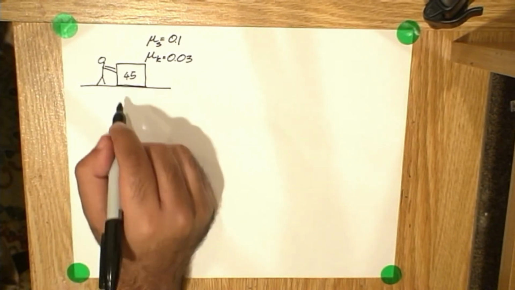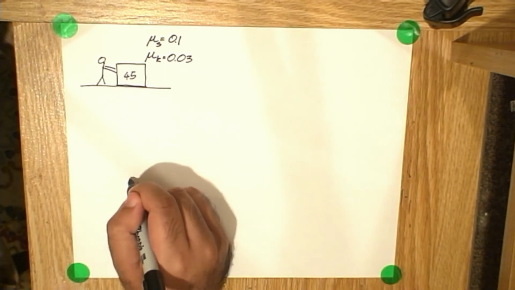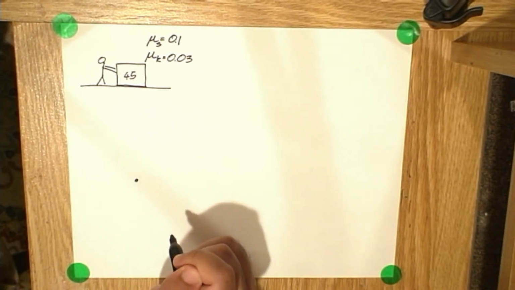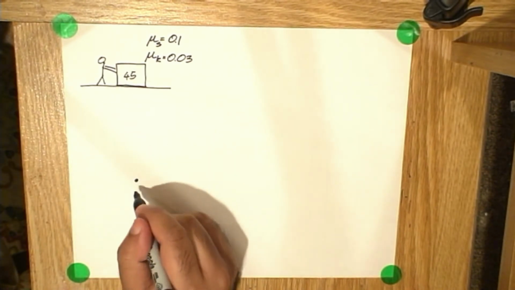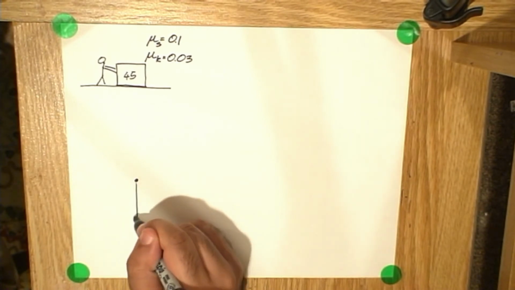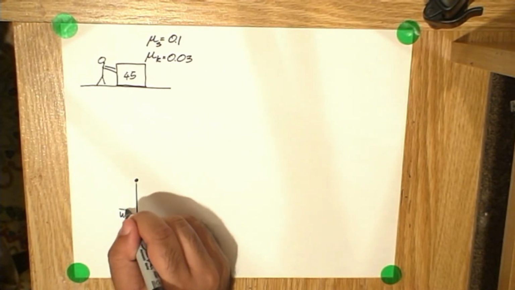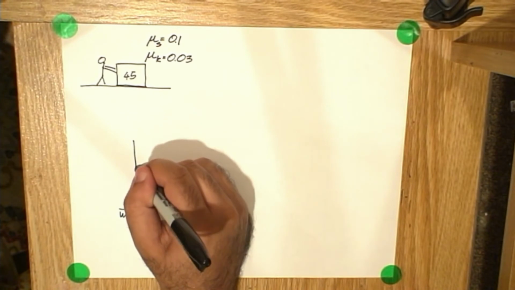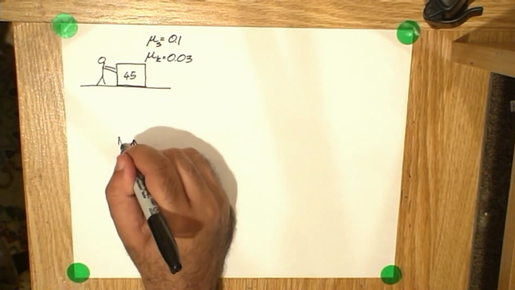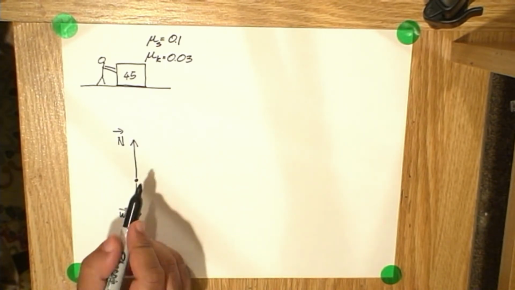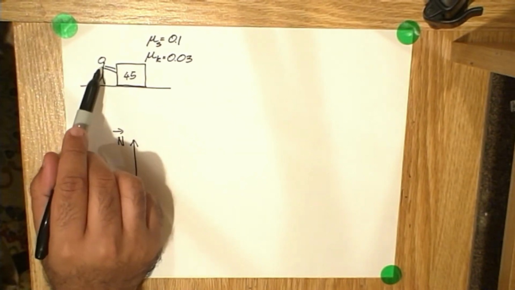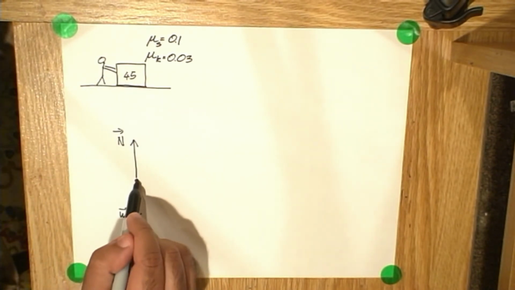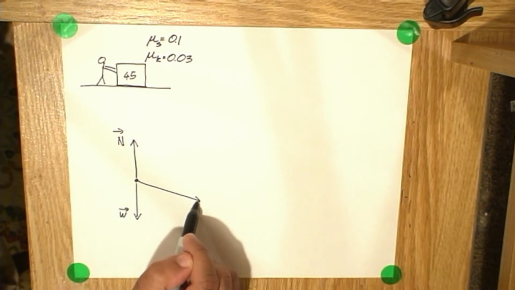So, let's start by drawing a free body diagram. There's the object, there's the ice block, it has weight pointed downwards, normal force pointed upwards. The force applied is down and to the right, something like that.